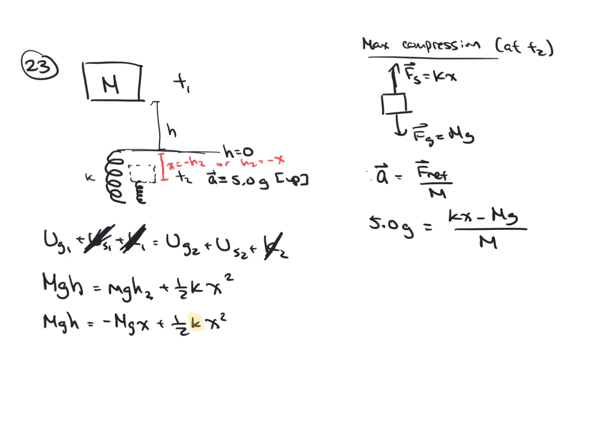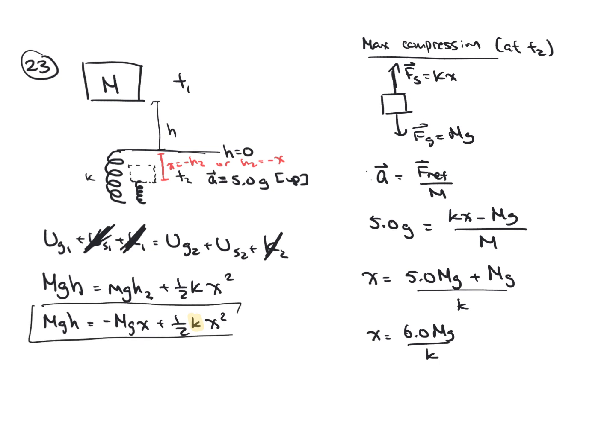So first I'll multiply by capital M, so that'll be 5 mg. And then I will add the mg. And then I will divide by k. Okay, so that's isolating for x, and 5 mg plus mg is 6 mg. So x equals 6 mg over k. And we'll see what happens when we substitute this into the other equation.